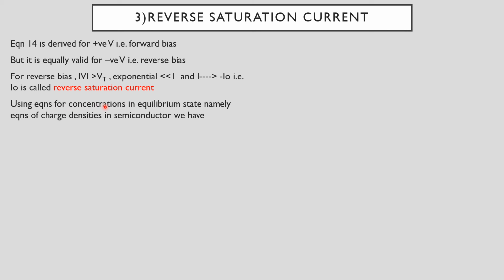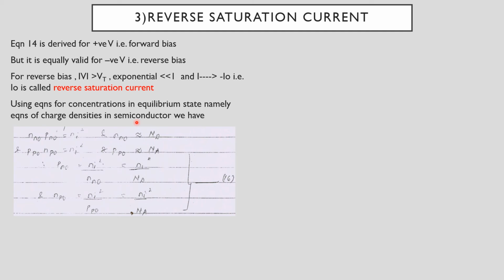Using equations for concentrations in equilibrium state, namely the equations of charge densities in semiconductor, we get Nn0 into Pn0 is Ni square, and Nn0 is approximately equal to Nd, the density of the donor ions, and Pp0 into Np0 is equal to Ni square, and Pp0 is approximately equal to the concentration of the acceptor ions Na.